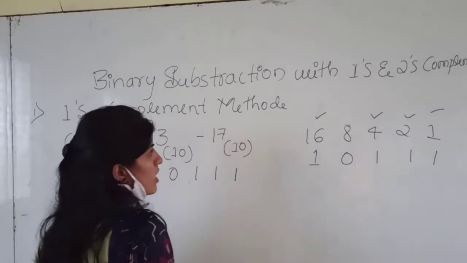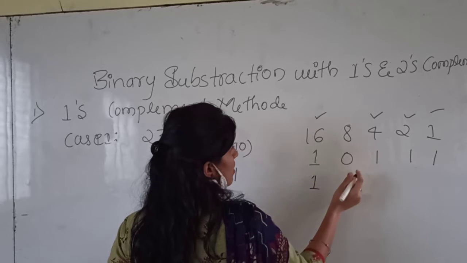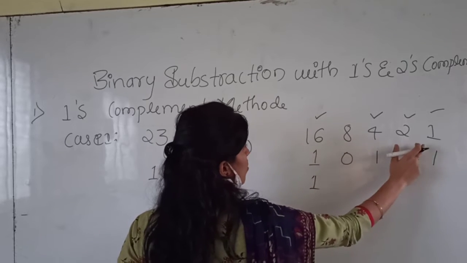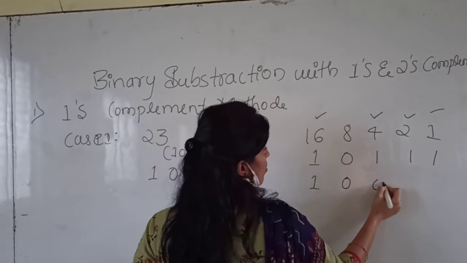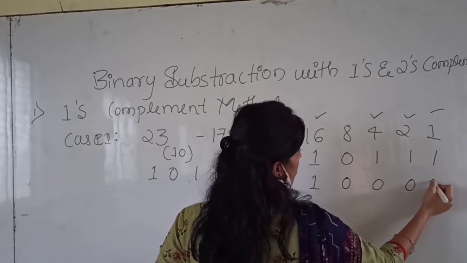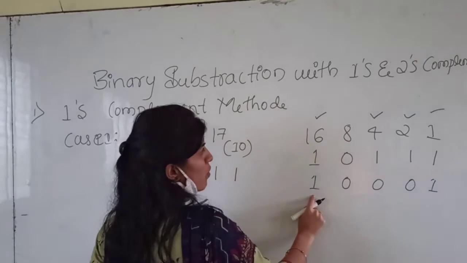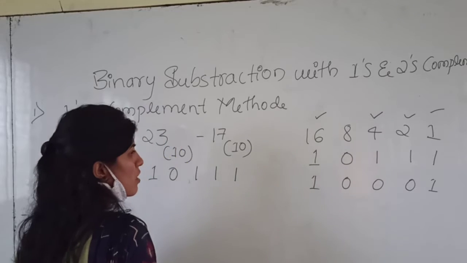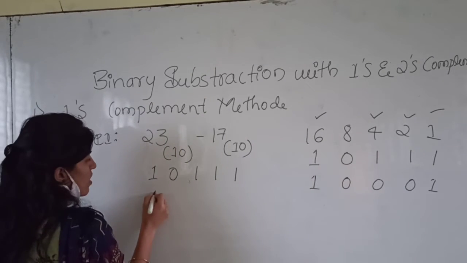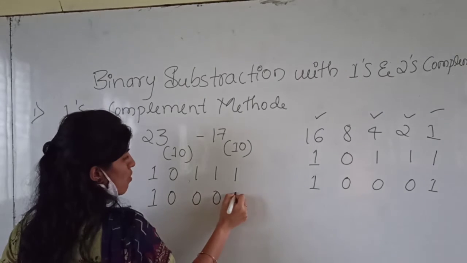And for 17, the 16th position becomes 1 and the remaining 8, 4 and 2 positions will be 0, and the 1st position will become 1. It becomes 1 0 0 0 1.